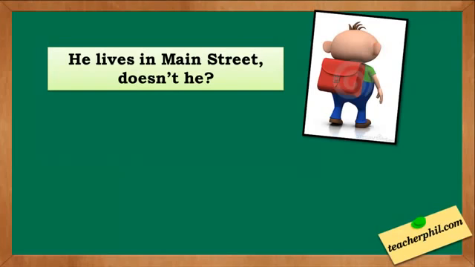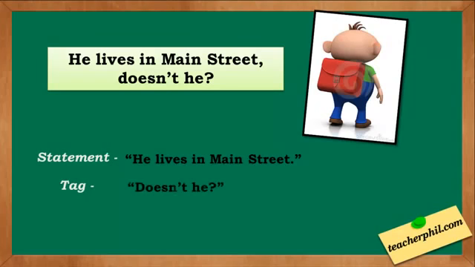Another one. He lives in Main Street, doesn't he? Our statement is, he lives in Main Street. Our tag is, doesn't he? Take note, we don't have an auxiliary verb here.